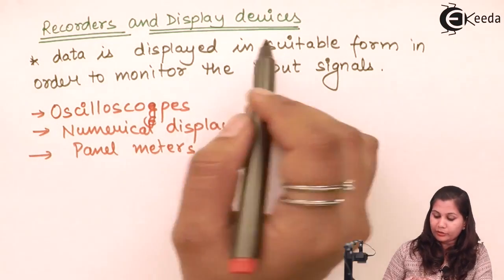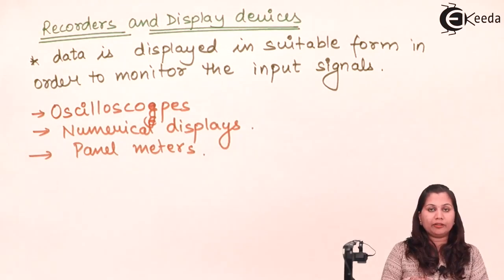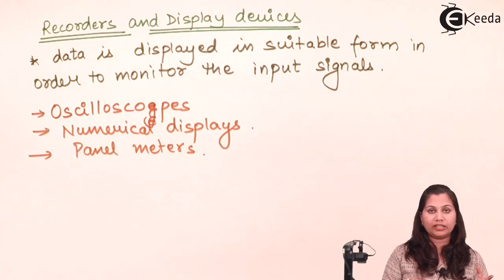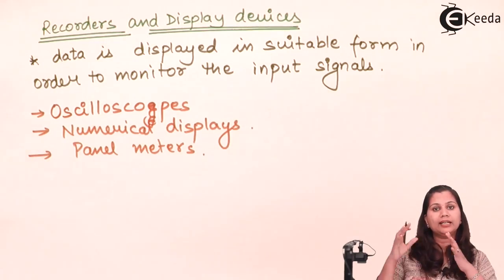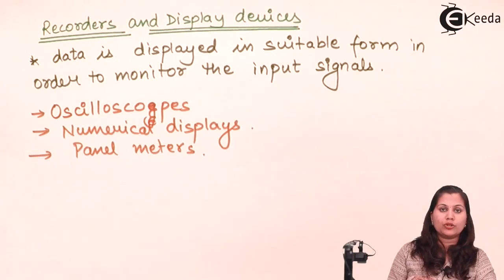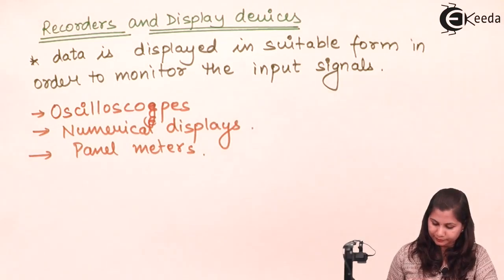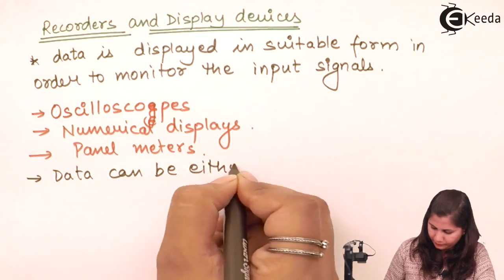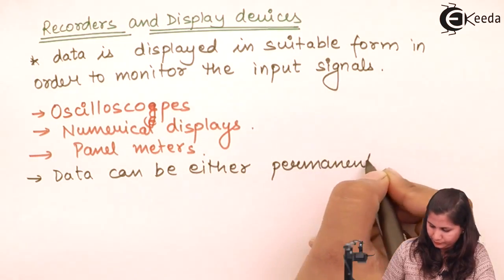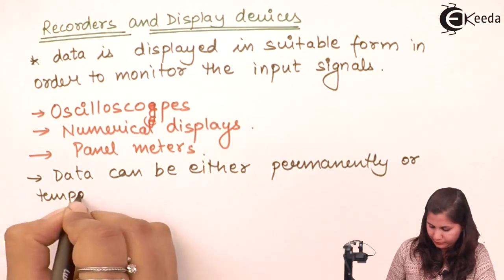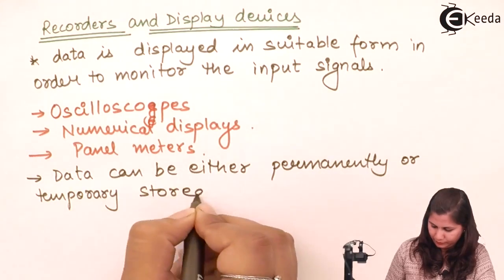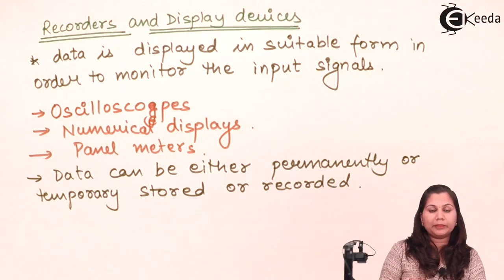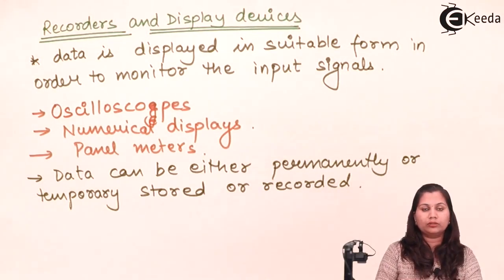Now recording can also be done, like if at present we don't want to use the data or get its reading, we want to store it and keep it for future use. So recording can also be done. So data can either be permanently or temporarily stored.